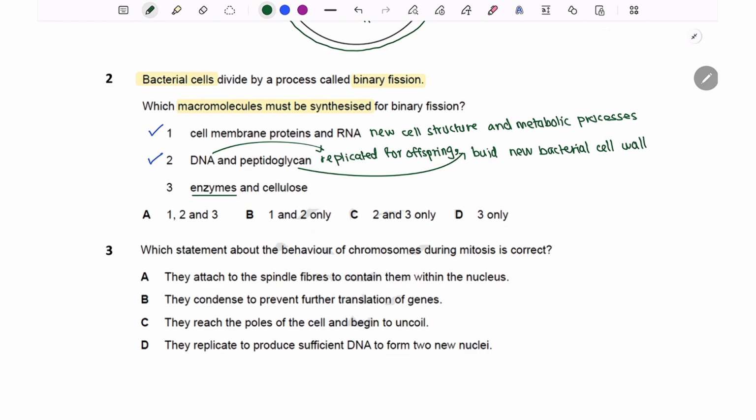Enzyme and cellulose. Enzyme we do need, but cellulose is for plant cell walls, not for bacteria, so we don't need that. Our answer is going to be B.